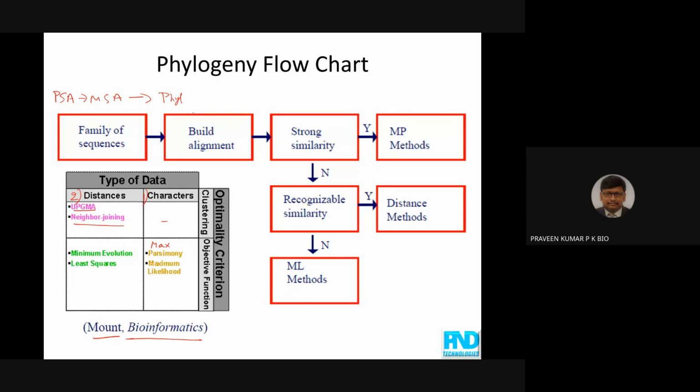What is MSA? It is a series of pairwise sequence alignments. MSA is used to link the species. If you want to link the species to check the evolution and conservancy of the species, we can also infer it through phylogeny.